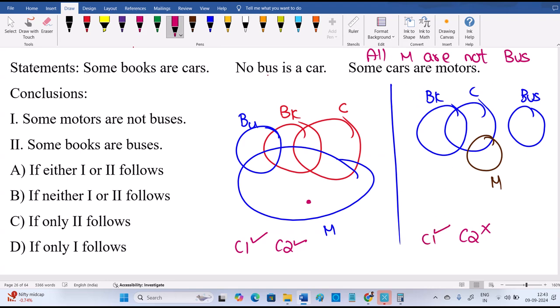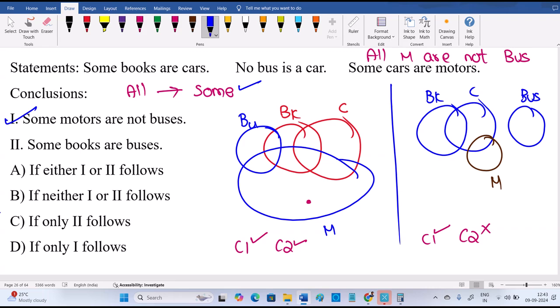When you get all, some can be taken for granted, but reverse is not okay. When all students are good, students in my class are good. Students in my class means some students. So the first one is true so far, but the second one is not true in any of the diagrams. Right, so they gave: some motors are not buses.